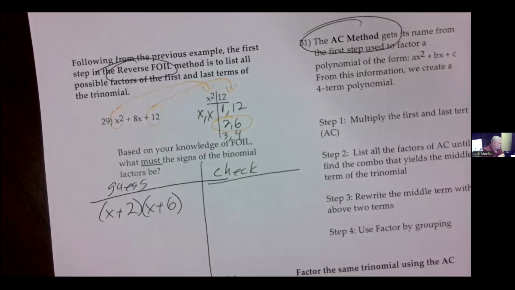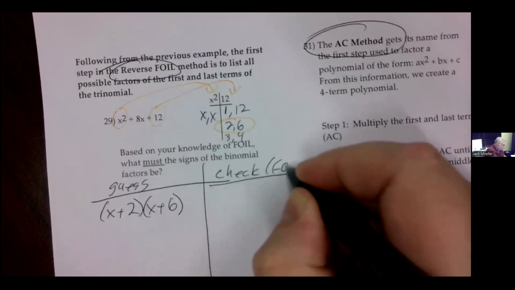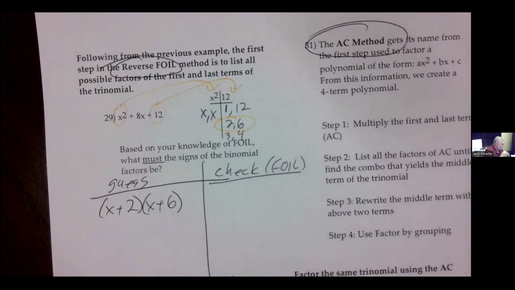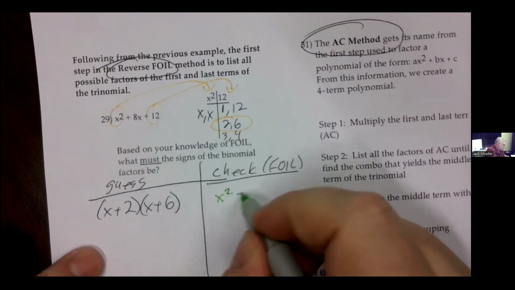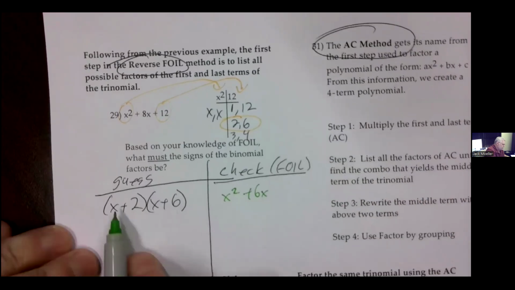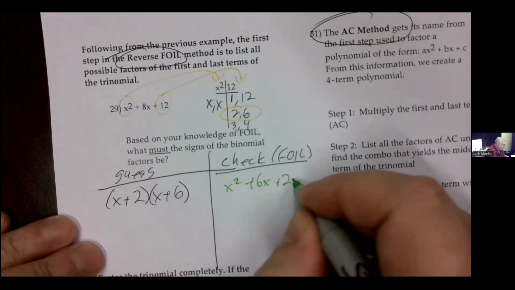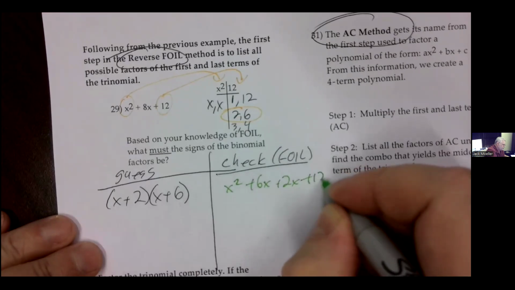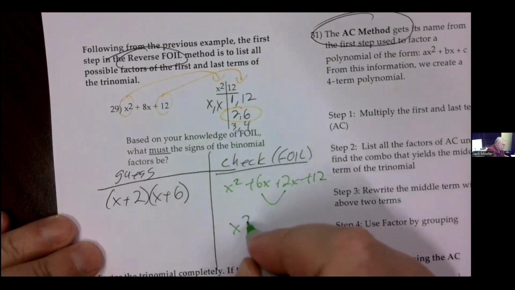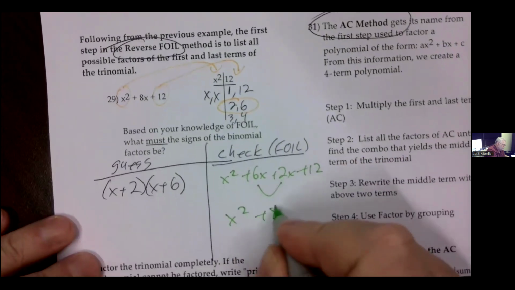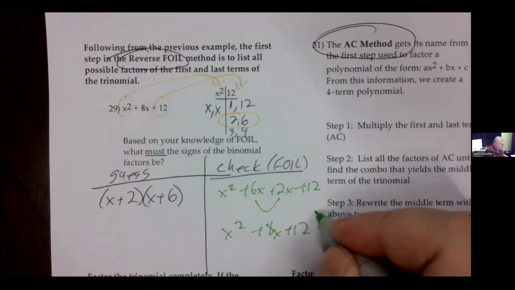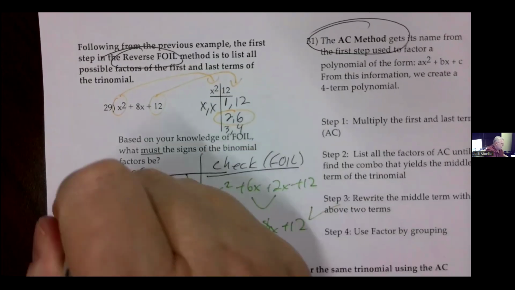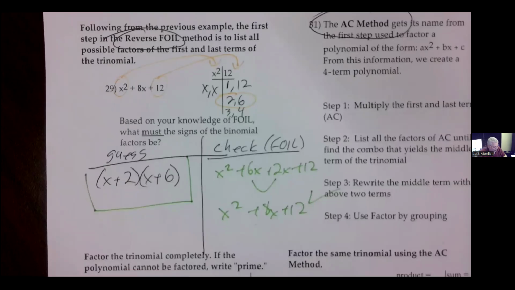So if you FOIL this out, x times x gives me x squared. x times 6 gives me plus 6x. 2 times x gives me plus 2x. And 2 times 6 gives me plus 12. Combining like terms, we get x squared plus 8x plus 12, which is what we're trying to get. That means that is our answer.